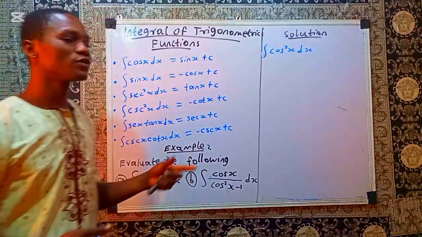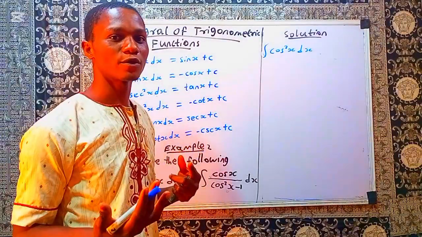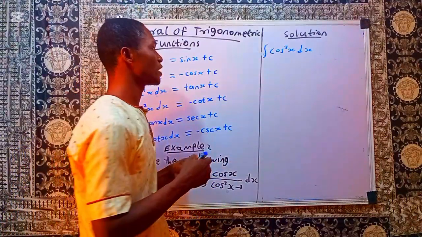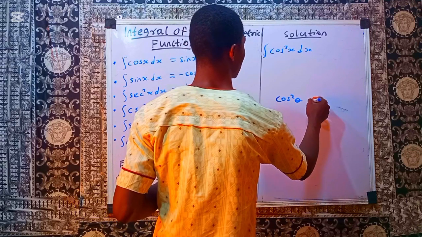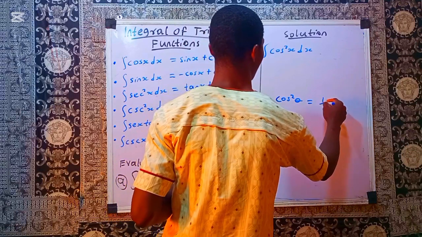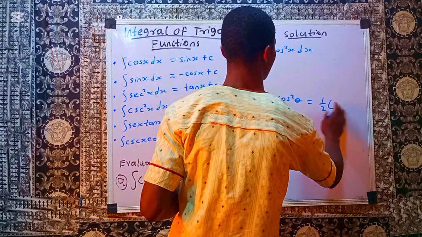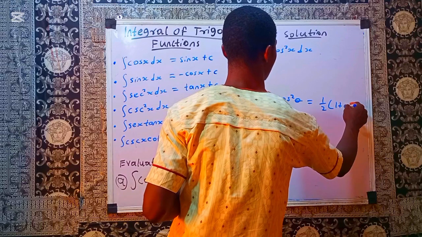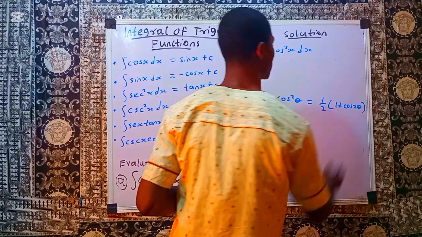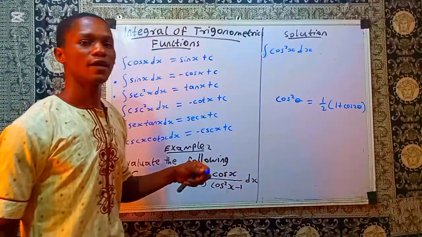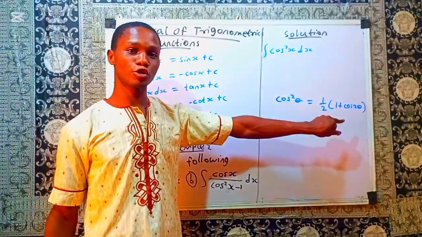But I can use a trigonometric formula to write cos squared theta as half of 1 plus cos 2 theta. So this is what we're going to use.